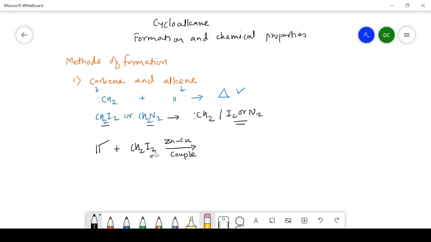So here there is iodine, that's why we have used zinc copper, and in the reaction the diiodomethane is going to convert into carbene, and this carbene then undergoes a cycloaddition reaction with propene to form a cyclopropane derivative. This is the cyclopropane, and there is a CH3 group. So we get methylcyclopropane.